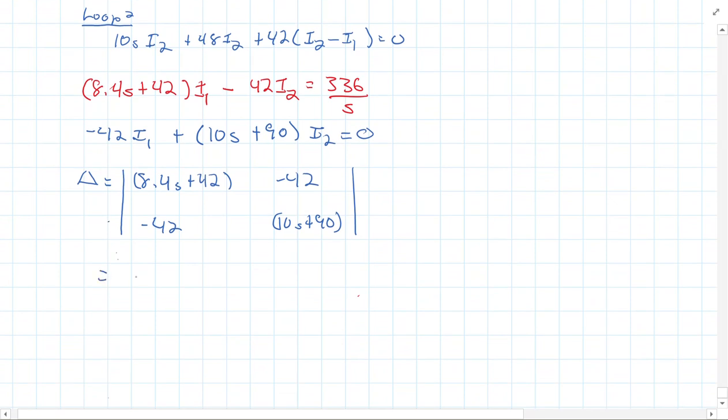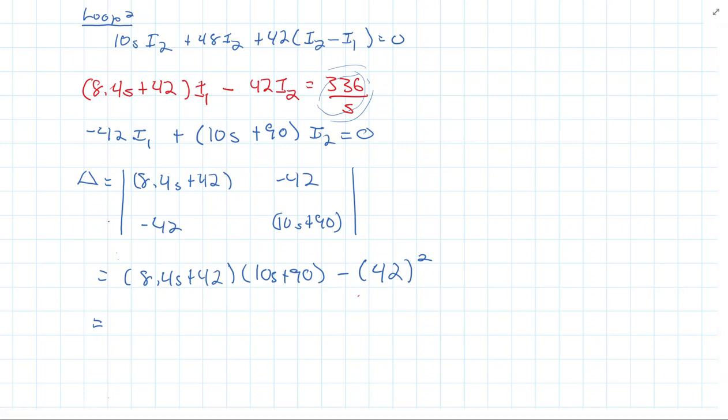And then if we do that determinant, we'd have 8.4S plus 42 times 10S plus 90 minus, and it's a negative times a negative, so it's just going to be minus 42 squared. Now, you can see here what's nicer is this is just a simple binomial here that we can FOIL out, whereas had I included this term here, I would have an s squared and an s here, which would just make the work a little bit uglier. It's not that this is somehow going to be so much better, but it's going to make things a little bit nicer for us.